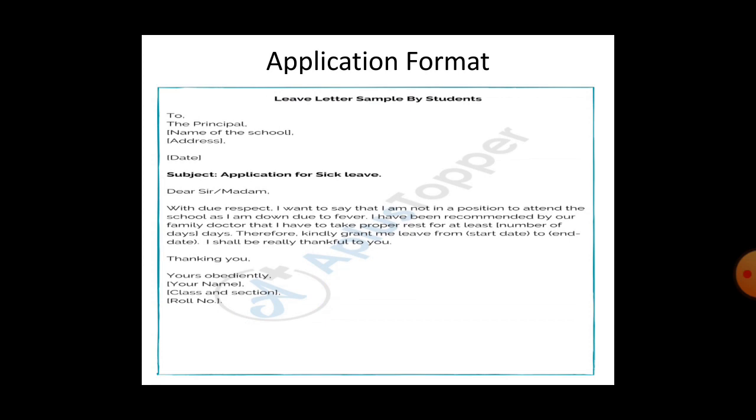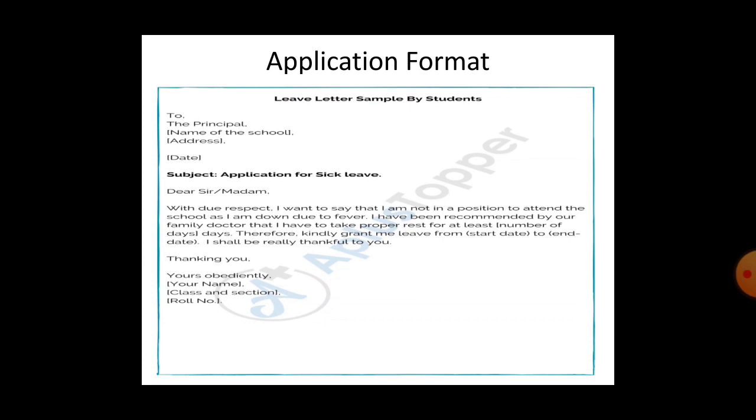Then comes the school name and then the address. Then we write the date. Then after that we leave a space there, and then we write the subject, and the subject must be clear so that the principal can get the idea about the application.